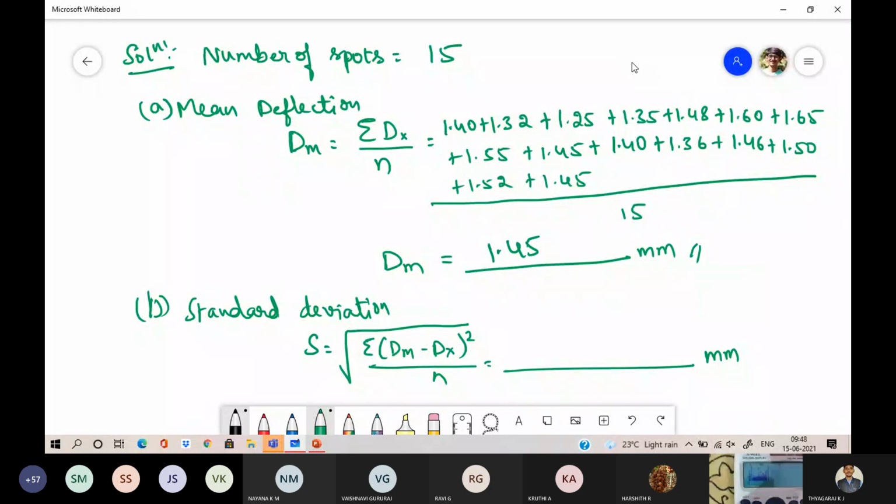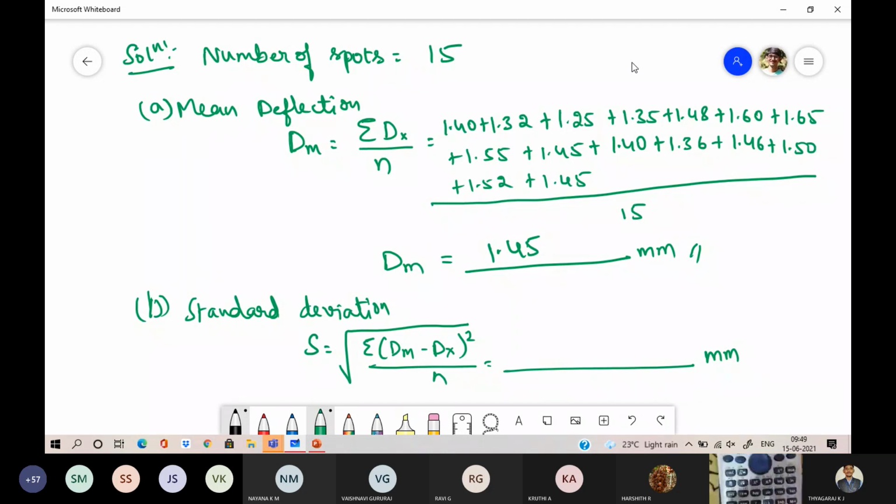Third value, 1.25, we will enter. Then 1.35, 1.48, 1.60, 1.65, then 1.55, 1.45, 1.40.